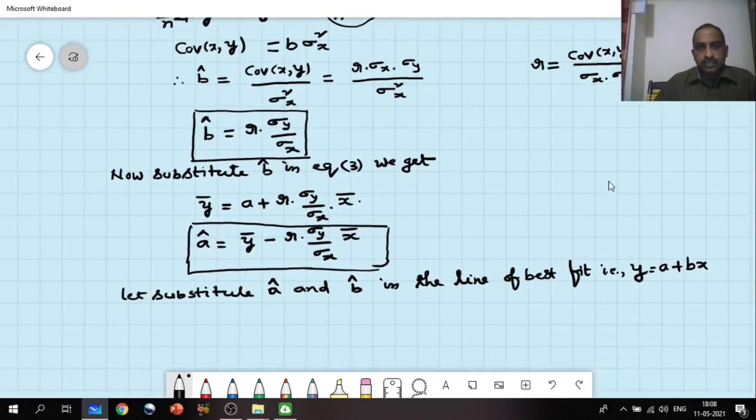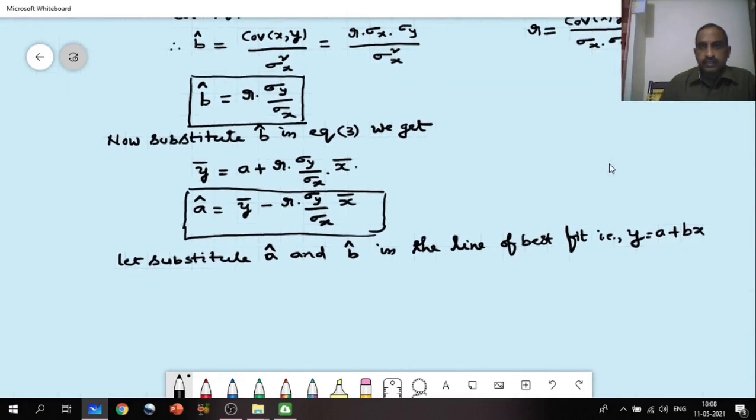So just you substitute the components which we obtained. So y equals, a value is nothing but y bar minus r into sigma y by sigma x into x bar, plus b value is nothing but r into sigma y by sigma x into x, right? So this is nothing but the regression equation of y on x.